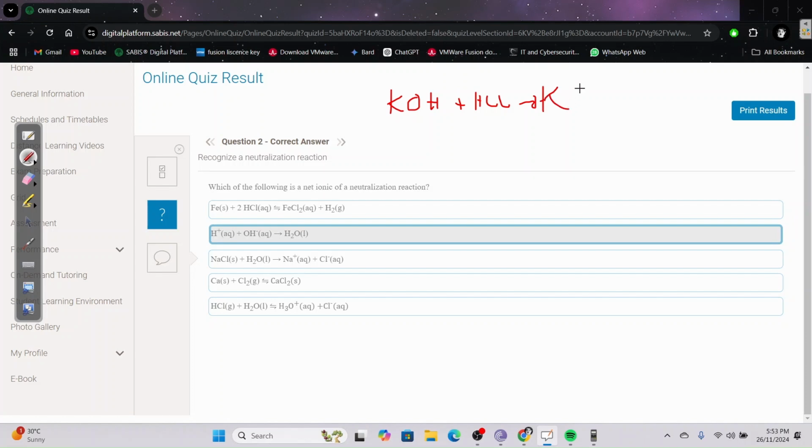Now this is a neutralization reaction because you have the base, the OH here, and you have the acid here with the hydrogen. So yeah, okay.